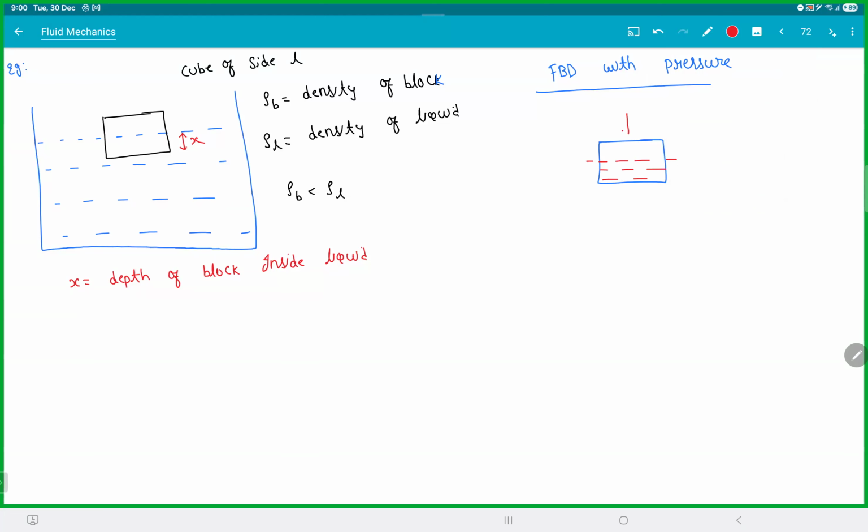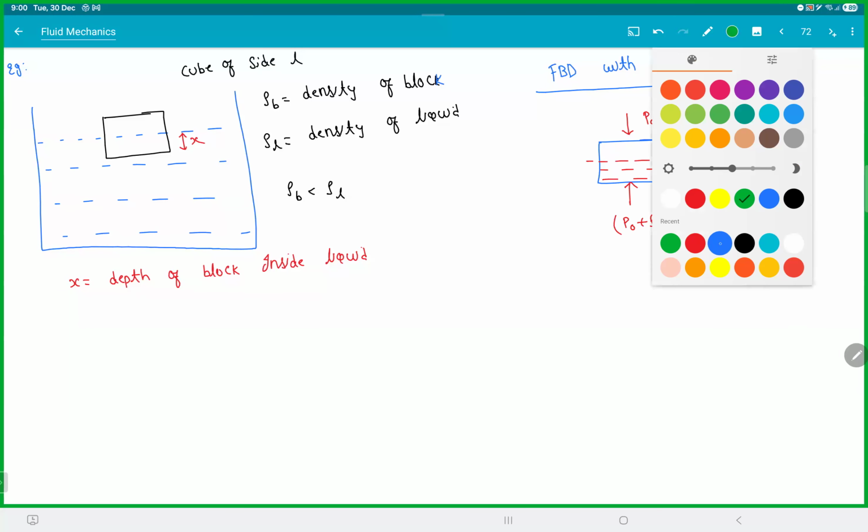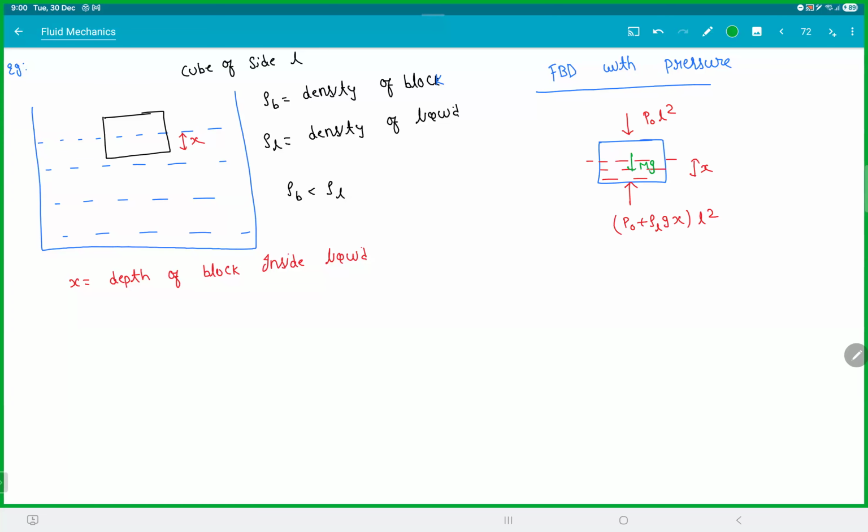So the atmosphere is pushing you from the top, P naught into L square. The pressure at this depth, at x, will be P naught plus rho liquid g x, that is the pressure at the bottom, into area L square. And your own weight mg. So we get P naught plus rho L g x, into L square, minus P naught L square is equal to mg.